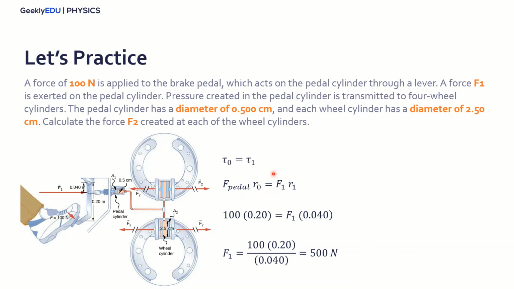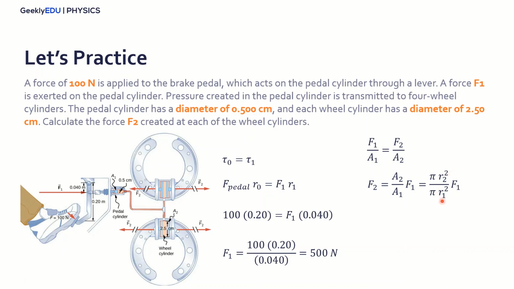Then we want to calculate force F2 for each wheel cylinder. Well, let's apply then Pascal's principle and use this formula. So we have F1 over A1 equals F2 over A2. We can isolate F2, that's the thing we want to find. And well, the area for a cylinder is pi r squared.